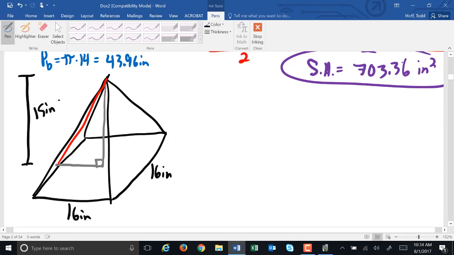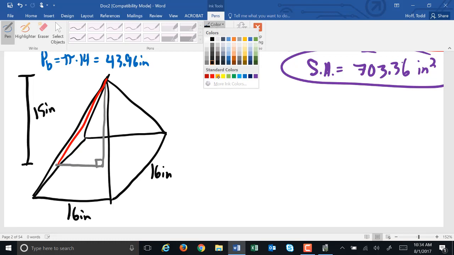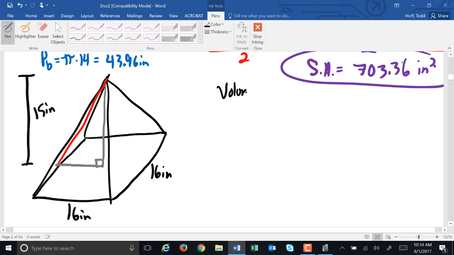So here we have a pyramid with a base that's 16 by 16 and a height of 15. Where do I start my volume at? Well, the area of my base is going to be found by doing what? Yeah, 16 times 16, yes.